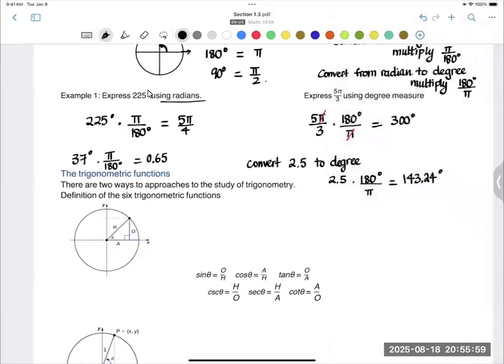When you write the angle measure without any unit, it is the radian measure. For degree measure, you will always see a little circle on top of it. So this is how to convert between radian and degree.